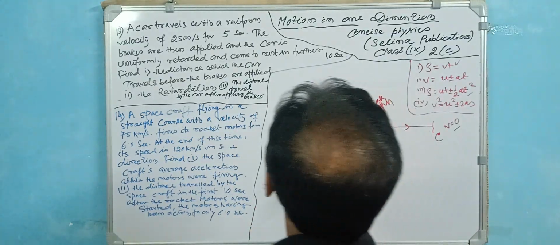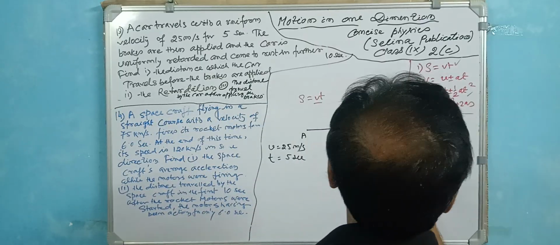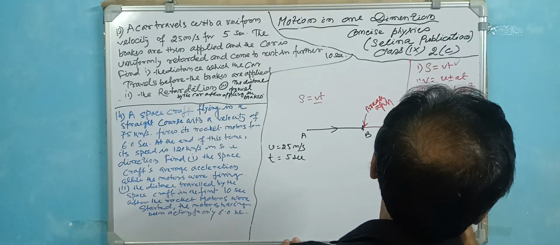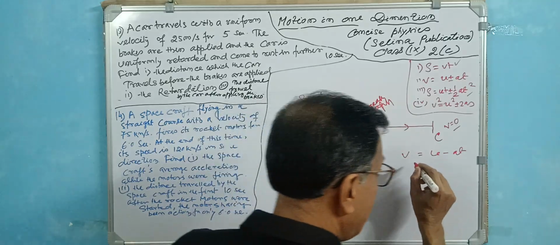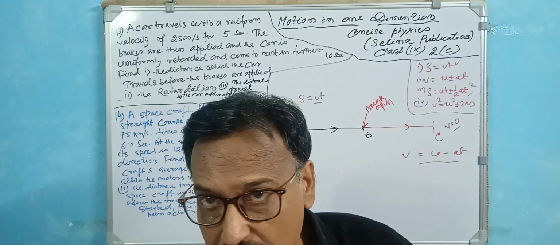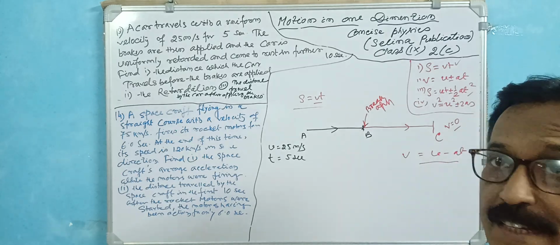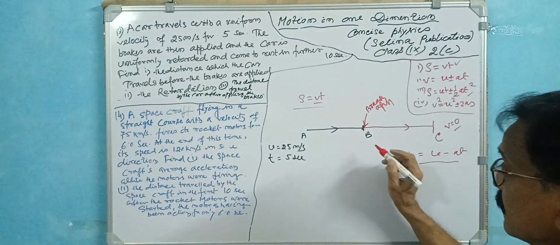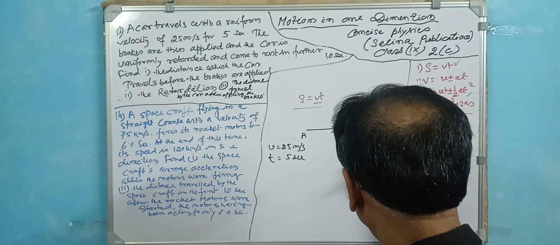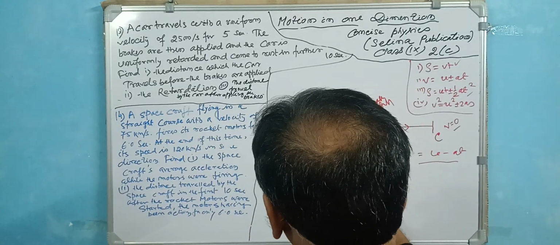Here you use S is equal to Vt, but for the retardation part you use V is equal to U minus AT. Which formula you apply where is the very important thing. Because there is no acceleration or retardation, you use S is equal to Vt, where U is 25 meter per second, the uniform initial velocity.